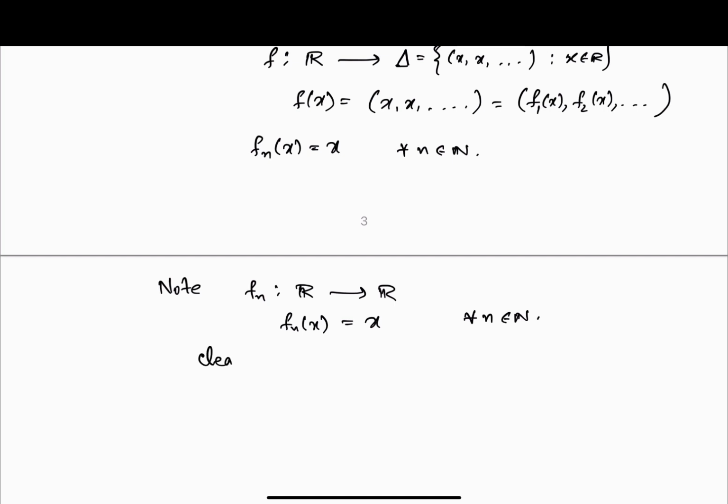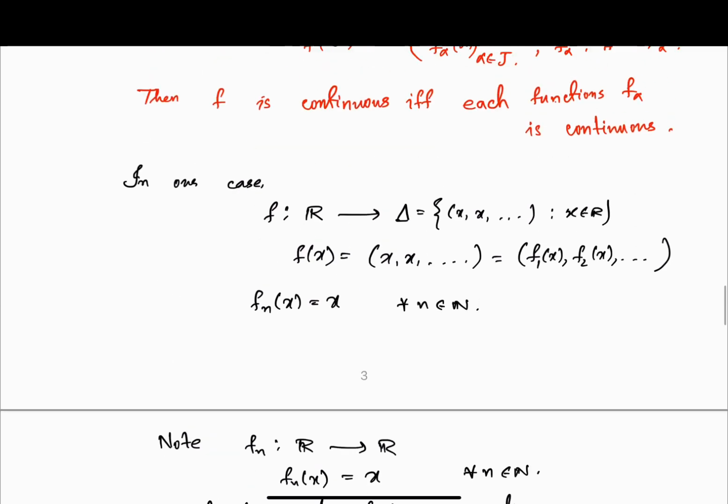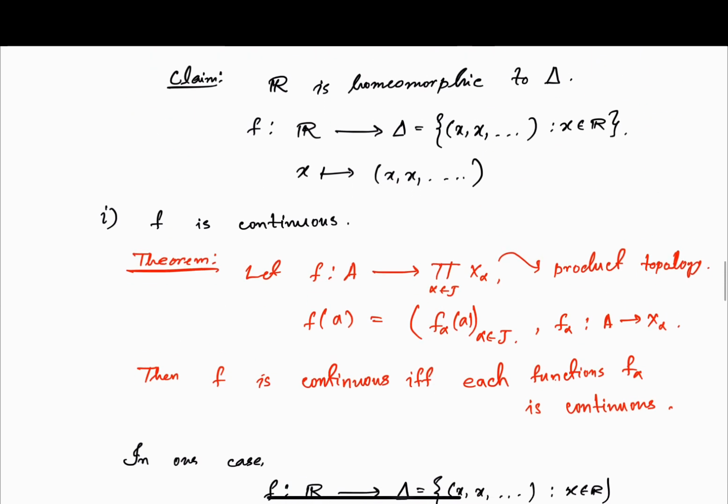This is basically the identity map. Each fn is continuous, so by the above theorem, f is continuous. So continuity is fine.